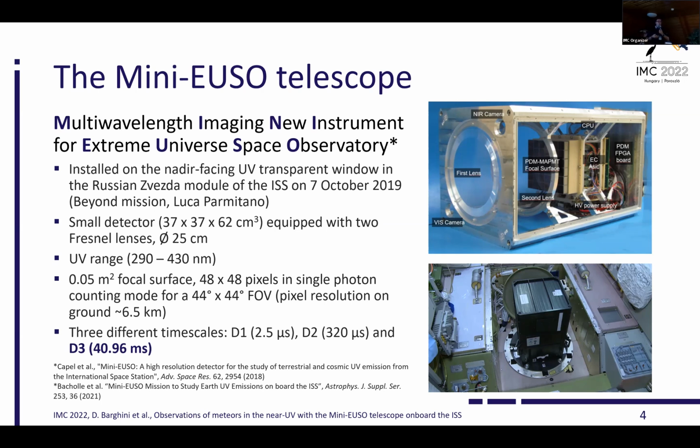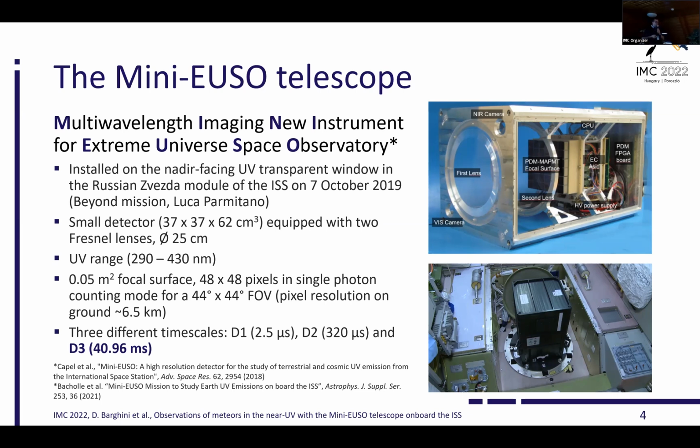We have done up to now about 60 sessions, some sessions per month. It is a scaled version of the original JEM-EUSO telescope, which was thought to have 2 meter lenses, while this has 25 centimeter Fresnel lenses. And it looks, as I was saying, in the UV range.